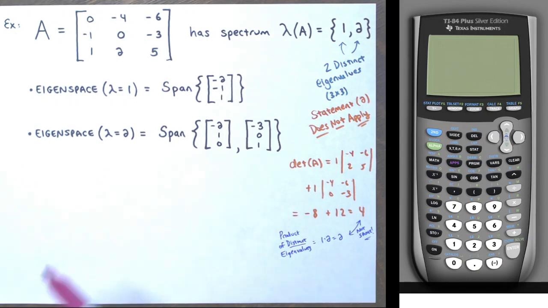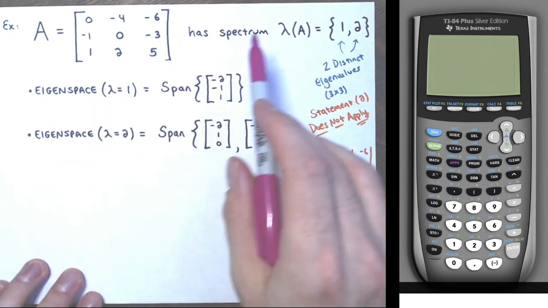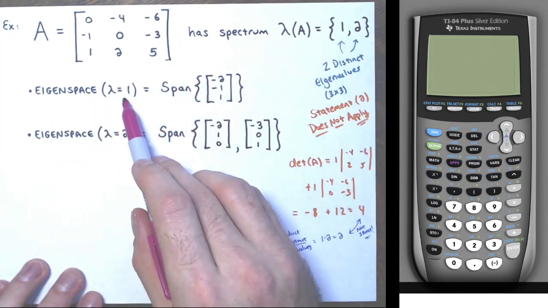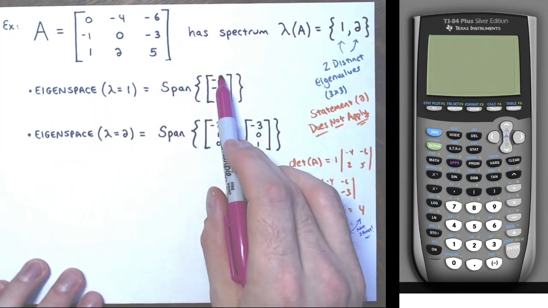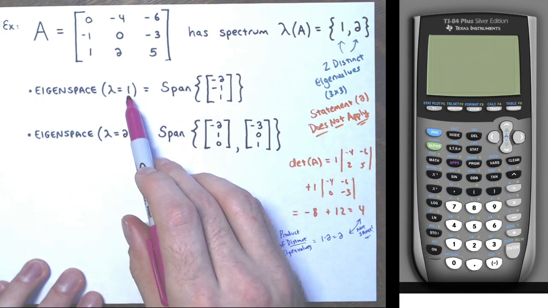All right, so I've got the eigenspaces. The eigenspace for lambda equals 1 is the span of the vector -2, -1, 1. Every multiple of this vector except for the 0 vector is an eigenvector for 1.